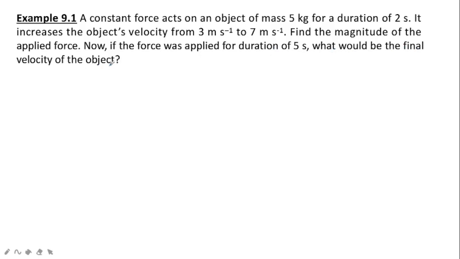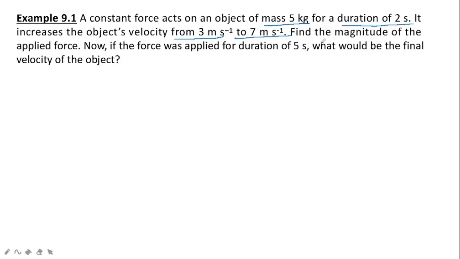Whenever we are solving these kinds of problems, first we must identify the given data. What have they given? A constant force acts on an object of mass 5 kg, so I will underline this mass, 5 kg, for a duration of 2 seconds. Duration indicates time, and then velocity from 3 meter per second to 7 meter per second.